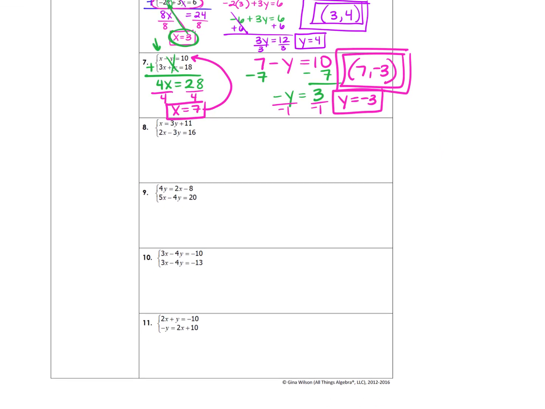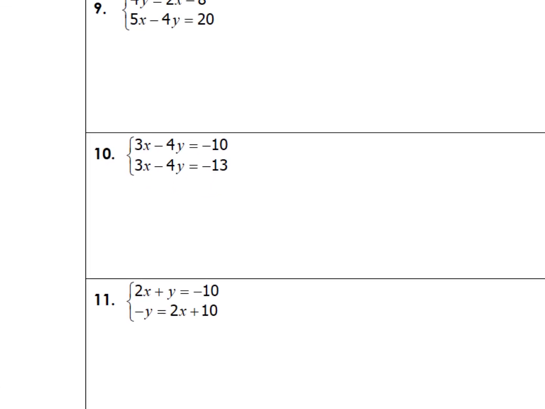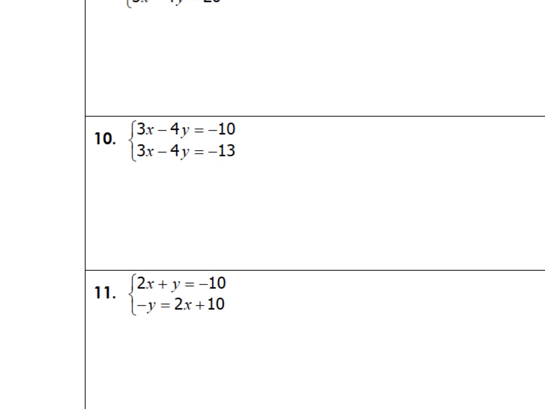Okay, last one. I'm going to have you try one more of these. And we're going to change this question, number 10. So it's going to start 3x minus 4y equals -10. And then instead of this equation, you're going to write -3x plus 4y equals a positive 13.